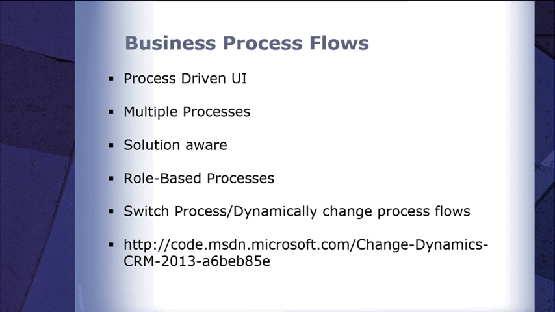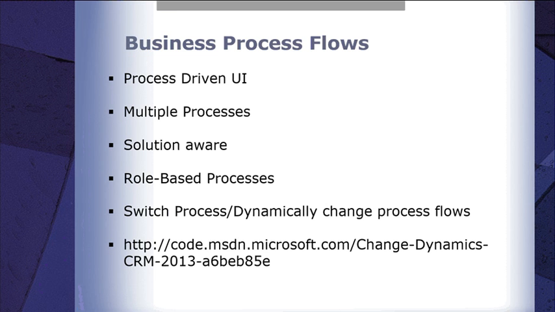So with business process flows, just like with role-based, say you have a customer type. If the customer type is retail, you need a particular business process to follow. If the customer type is wholesale, you want another business process to follow, and you don't want the users to manually keep switching the process.